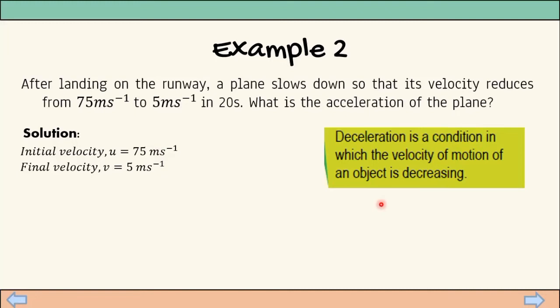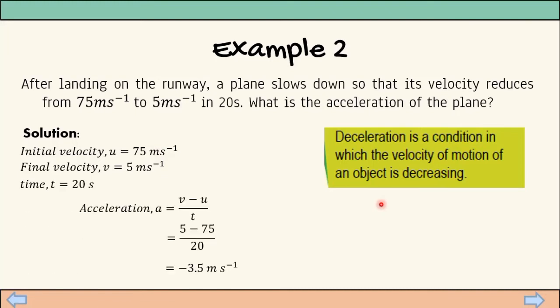Kita tengok dia punya calculation. So the acceleration we get is negative 3.5 meter per second squared. The negative sign here represents the deceleration. Why do we have negative? Because the plane is slowed down, meaning the velocity is reduced and it will be deceleration.